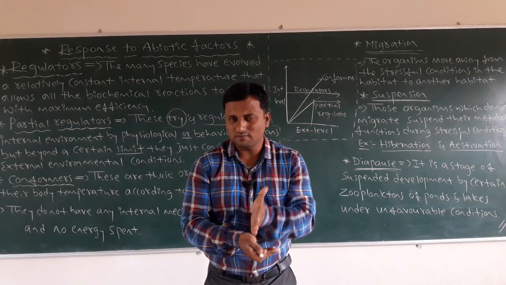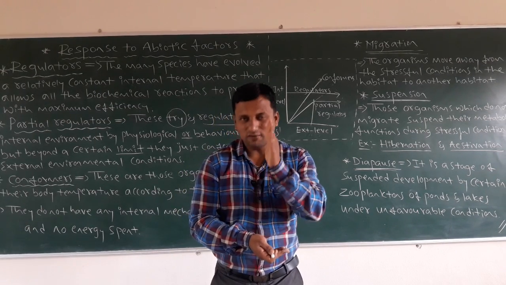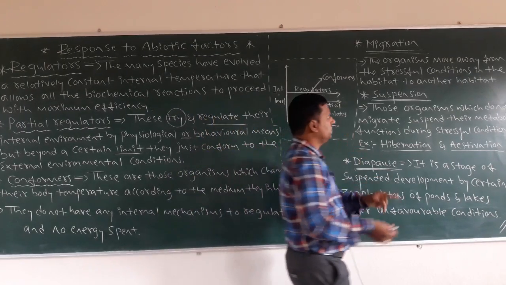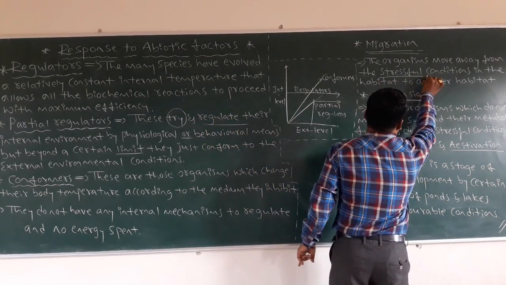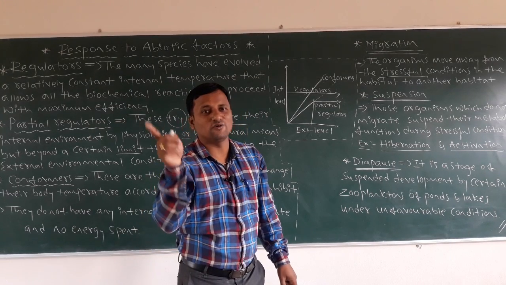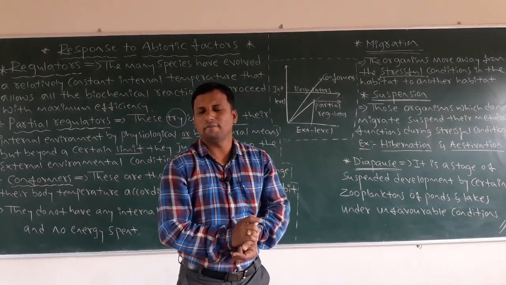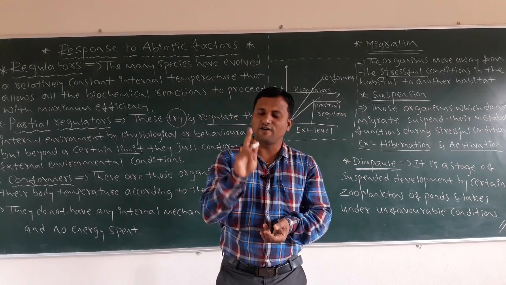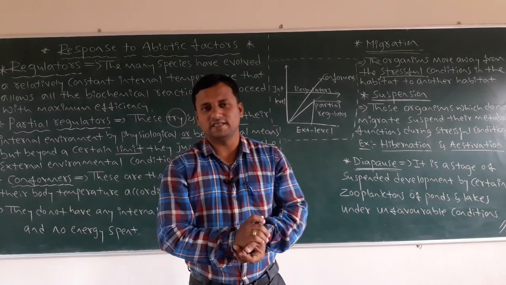This is the common definition of migration, but that situation must be stressful to those organisms, then only will they migrate. The best example is birds, which migrate from one place to another.